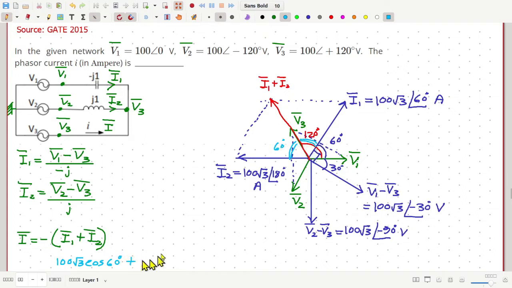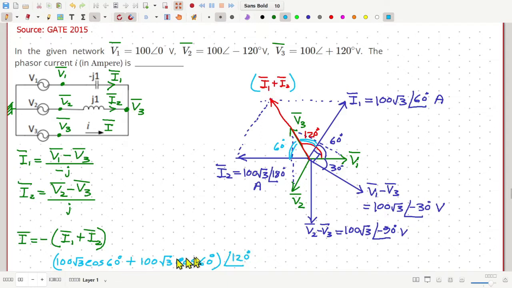Similarly, the component of I2 along the resultant is again 100 root 3 cosine 60 degrees. So this is the magnitude of this resultant phasor I1 plus I2, and this is of course at an angle of 120 degrees.